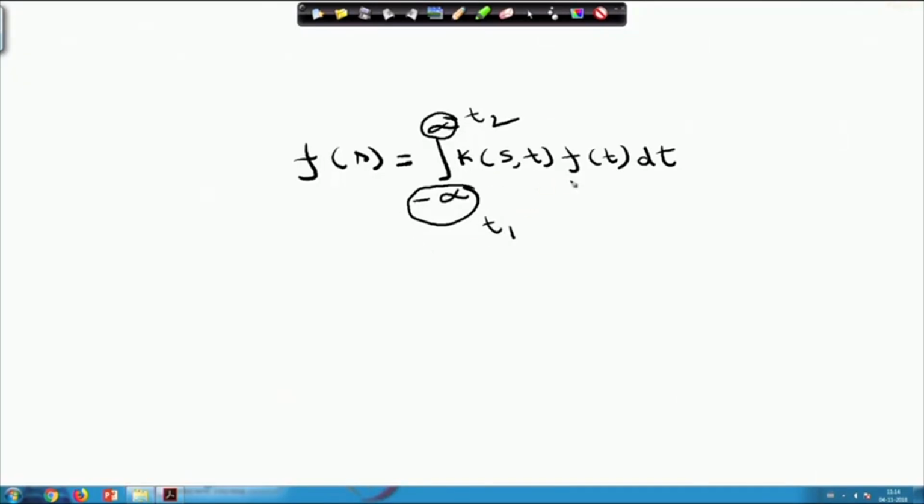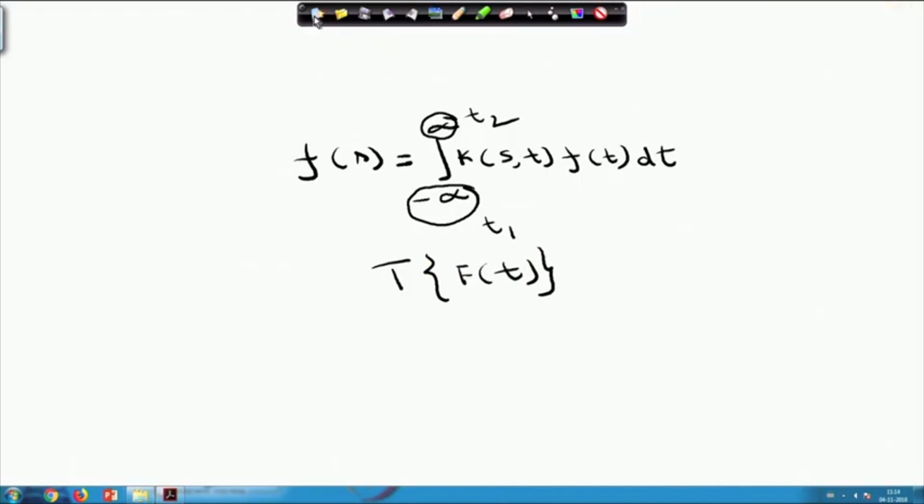So, if a function F(s) is defined like this, it is called the integral transform of the function f(t), and we denote it by T of f(t).